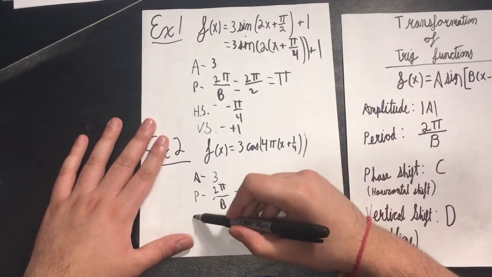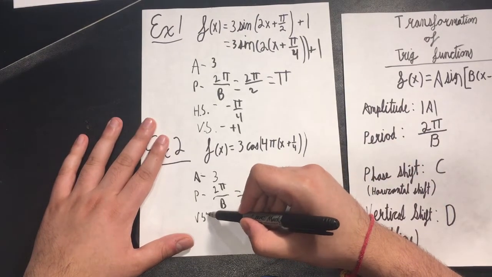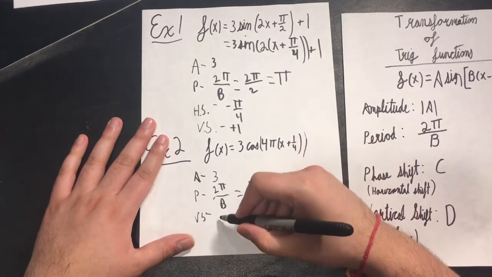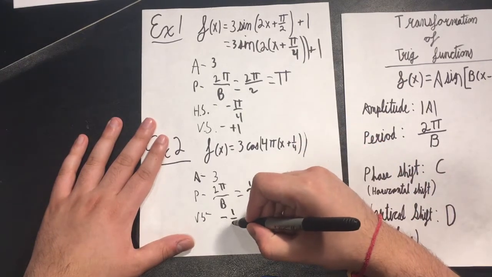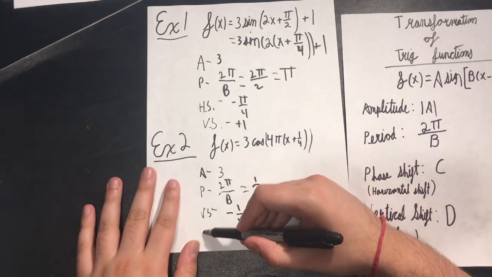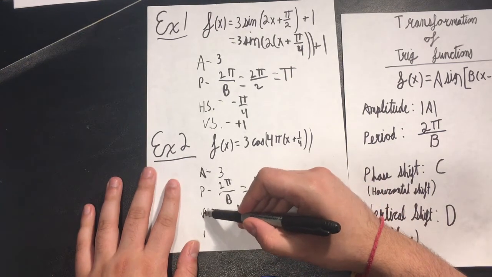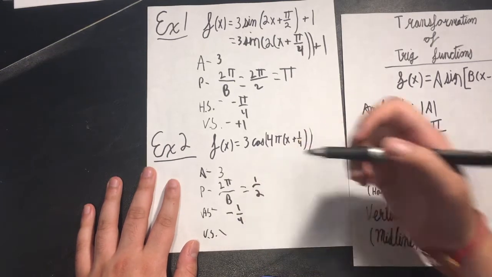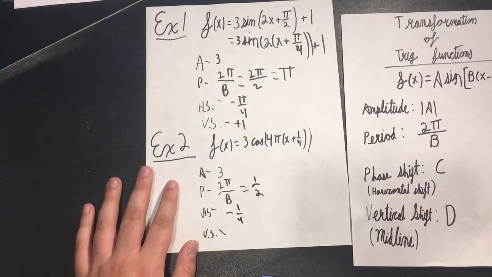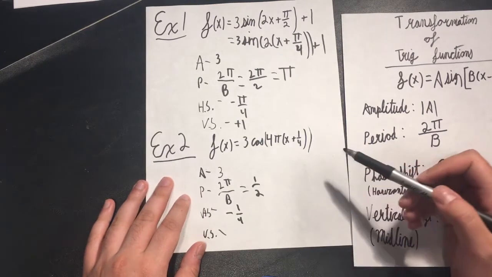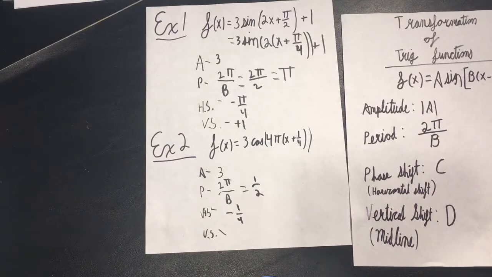Now from here, we need the horizontal shift, positive 1 over 4, meaning negative 1 over 4 is how much we actually move by, so to the left by 1 over 4. And our new midline is simply 0. We don't actually move at all vertically.